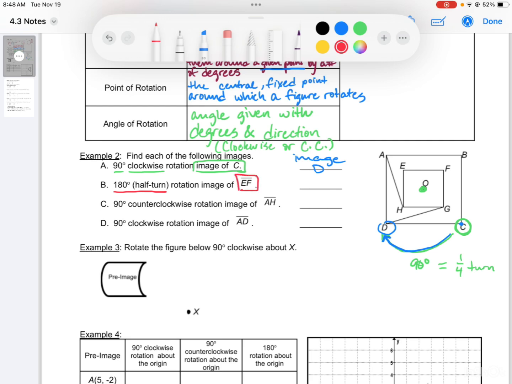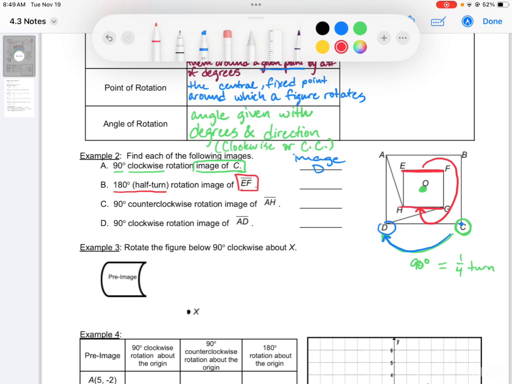Next, we are taking a 180 degree, that's a half turn, rotation of line EF. We've got this line right here, and we want to rotate it not a quarter turn, but a half turn. And so where would it end up?